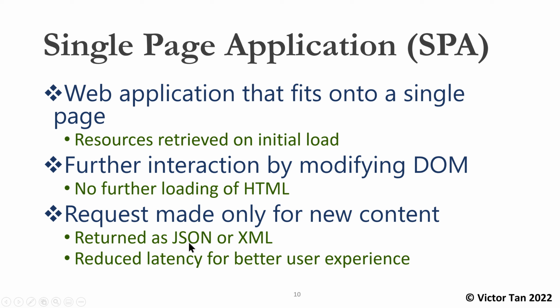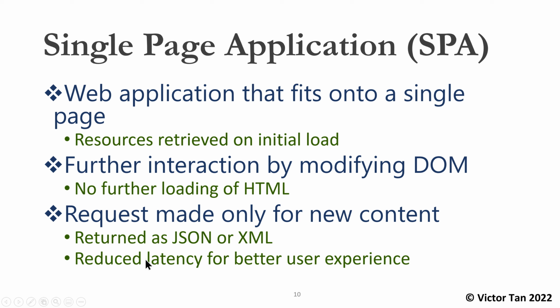JSON is called JavaScript Object Notation. It's a very popular format now for exchanging data across the web. So the request that is sent out to the backend server will now come back as either JSON or XML rather than HTML, which reduces the latency for better user experience.